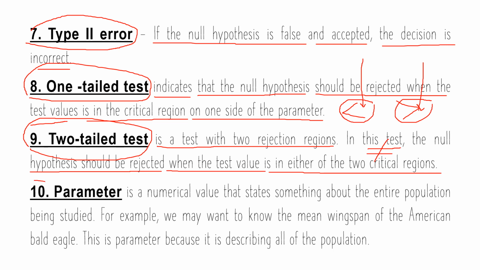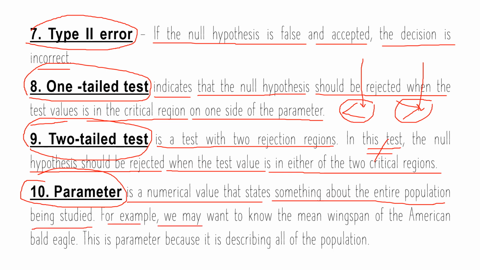For the 10th term, the parameter is a numerical value that states something about the entire population being studied. For example, we may want to know the mean wingspan of the American bald eagle. This is a parameter because it is describing the whole population.